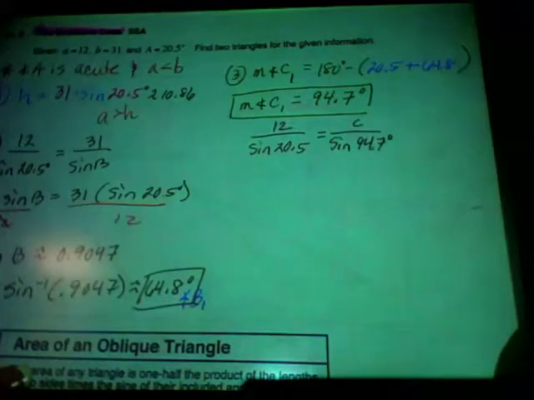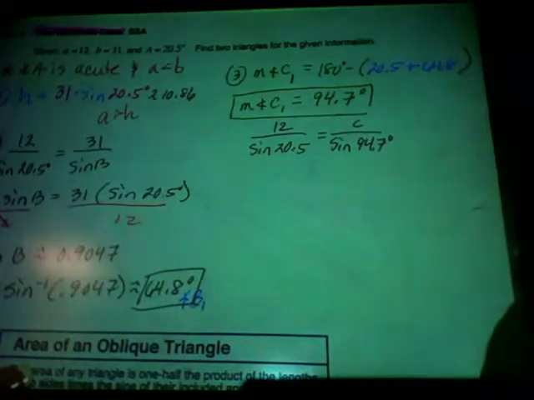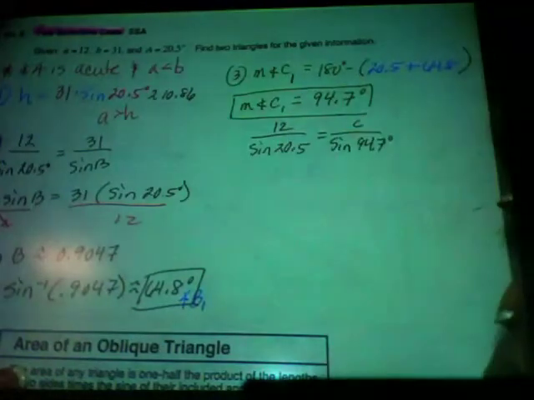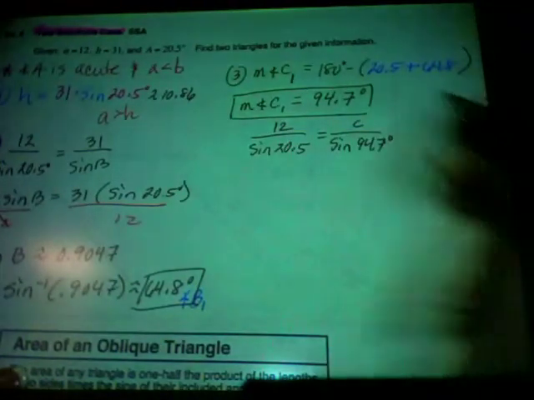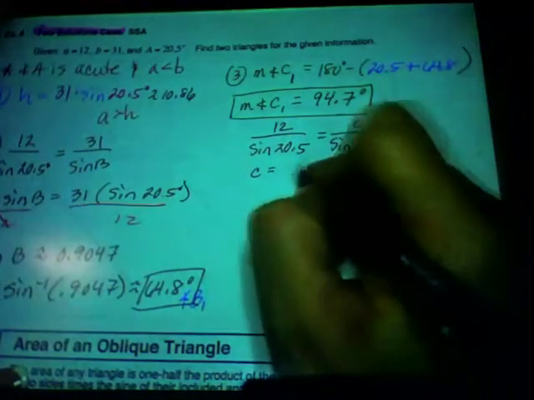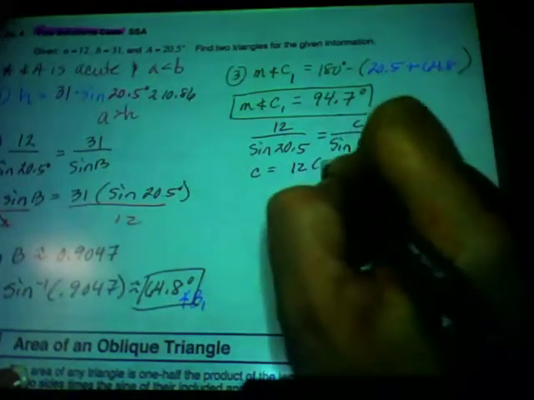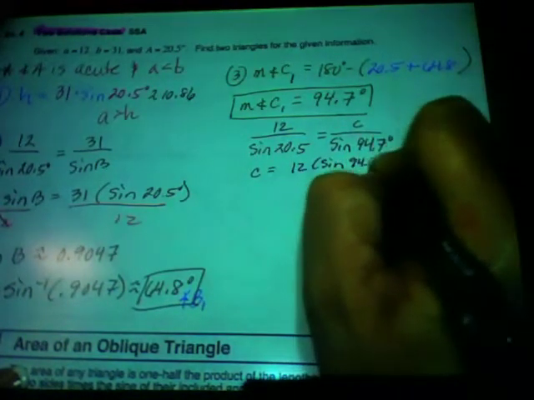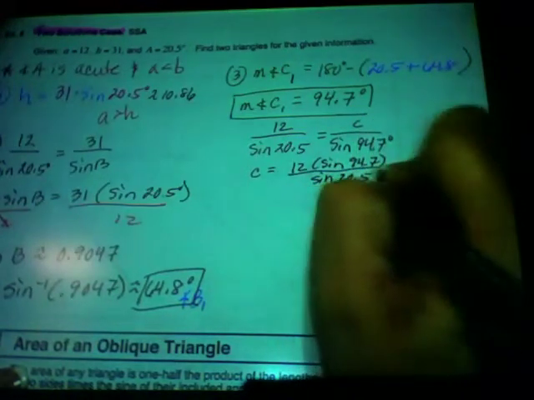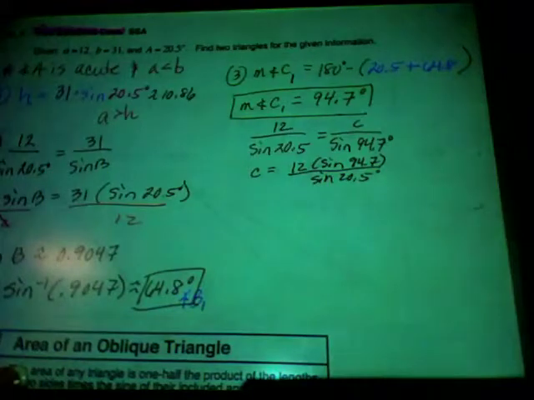So cross multiply and solve. Won't C be equal to this, all divided by sine of 20.5? If you cross multiply and solve, and then throw that in your calculator.